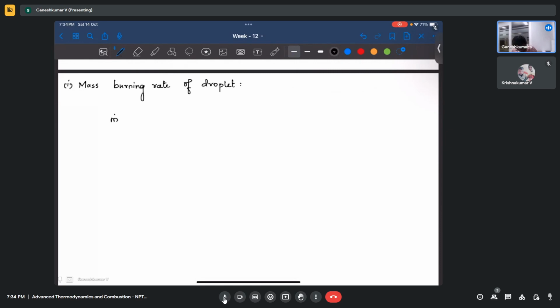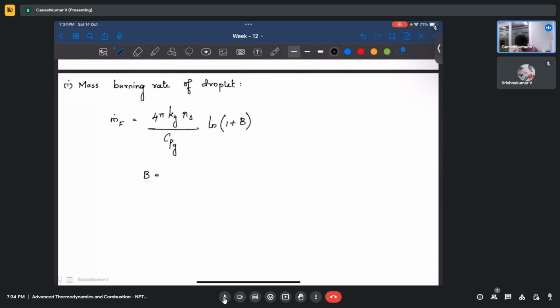The mass burning rate of the droplet is 4 pi kg rs divided by cpg into ln of 1 plus B. We have a lot of things to evaluate here. First thing is we have this B factor. How do we get B? For that also we have a relation.